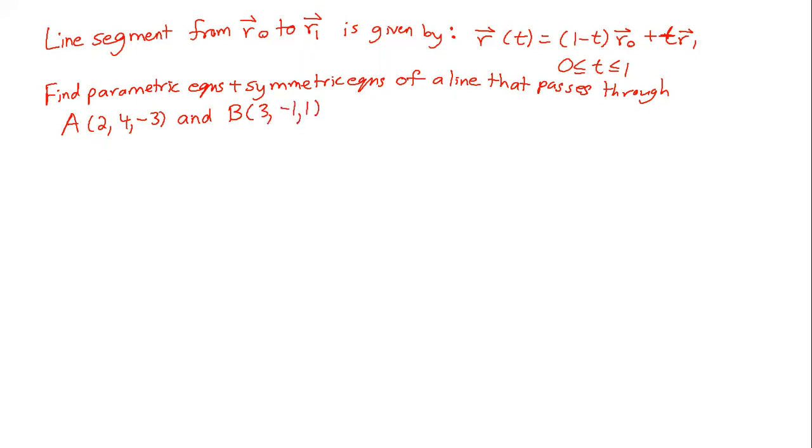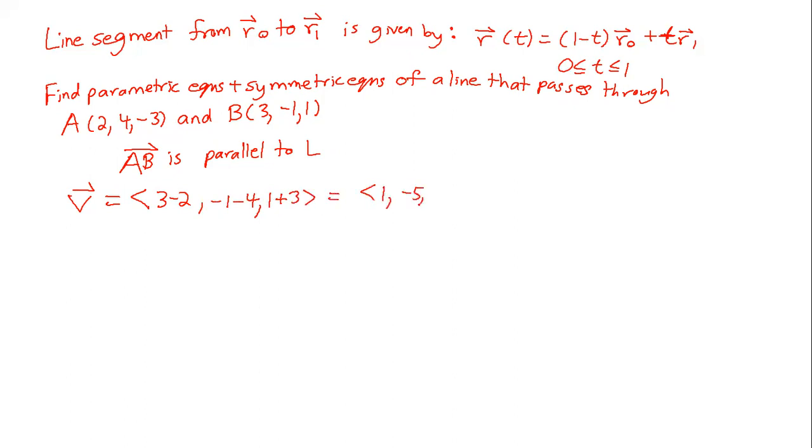We're not given explicitly the vector that's parallel to this line, but we can get it, because the vector AB is going to be parallel to the line since it's on the line. So we get a vector V equal to AB, which equals 3 minus 2, then -1 minus 4, and then 1 minus -3, so 1 plus 3. In the end, we get a vector that's parallel to our line.